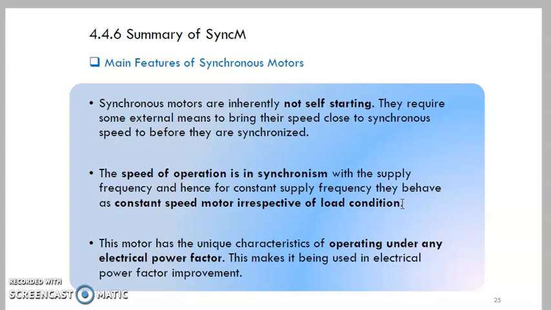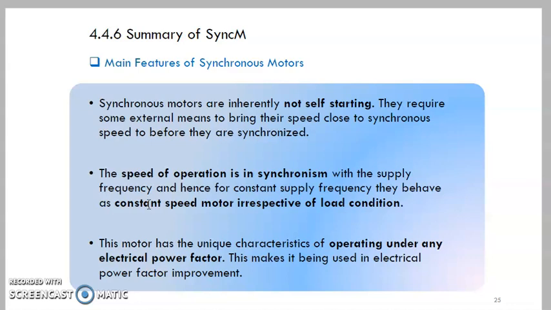It is different from the induction motor. For an induction motor, at less load the speed will be near the synchronous speed. We put more load, the speed will reduce a bit, maybe down by 5% or up to 10%.